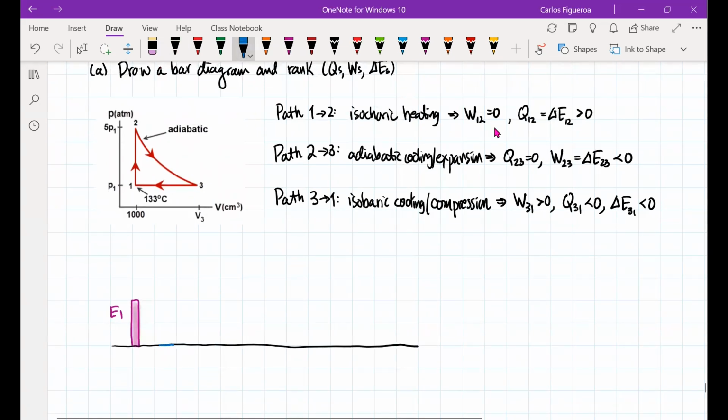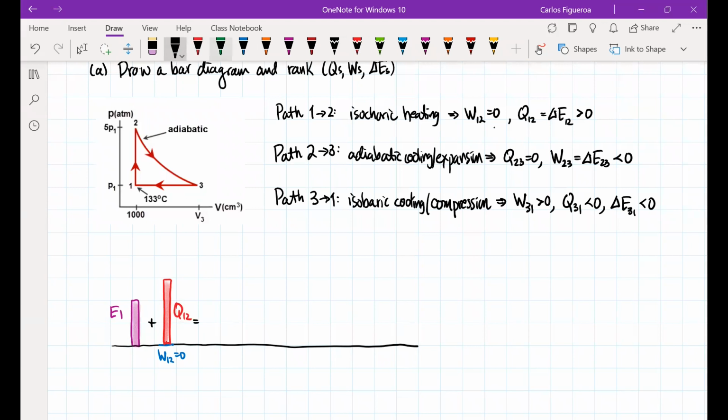So now what happens? I have 0 work from 1 to 2, but I add heat. The heat increases the kinetic energy. So I'm going to assume that I'm going to add 3 squares of heat. Now I see that I'm increasing my internal energy.